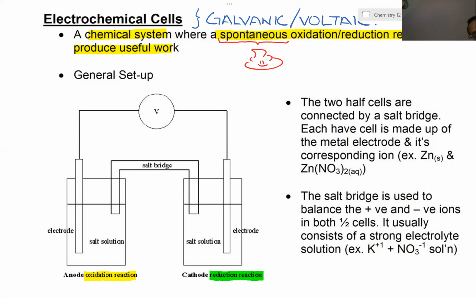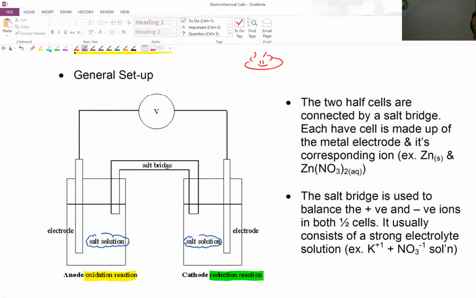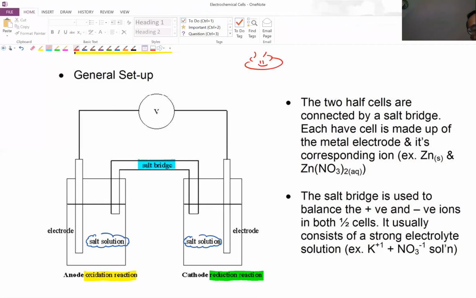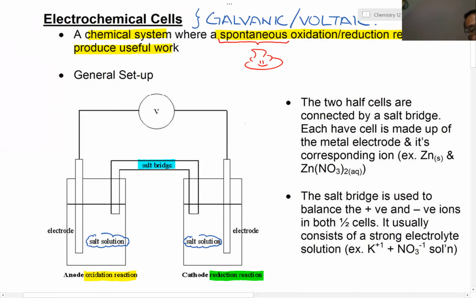Now, so you have a salt solution for the oxidation, you have a salt solution for the reduction, and those 2 solutions are connected by a salt bridge. Okay, I'll talk about what a salt bridge is. The electrodes are connected by a wire. So here, this is a wire.